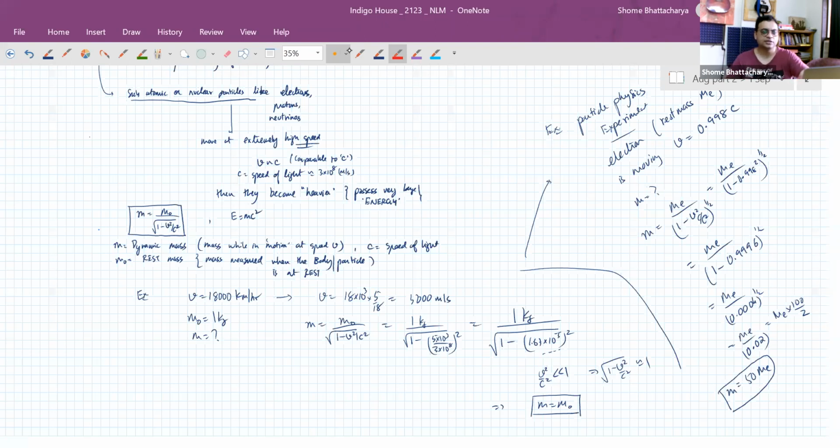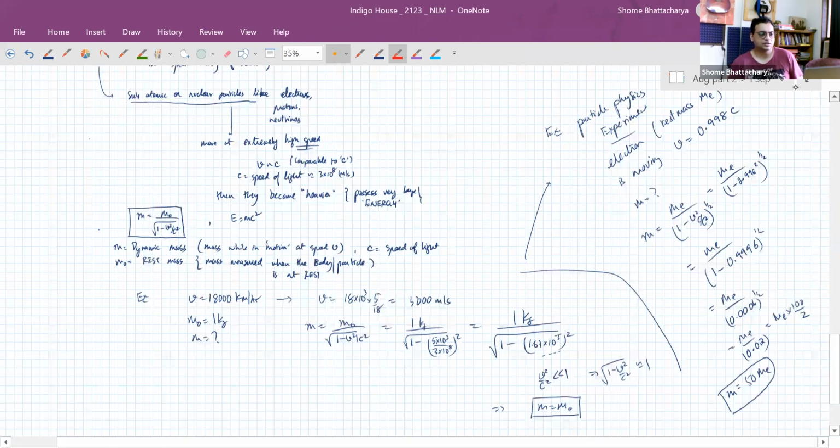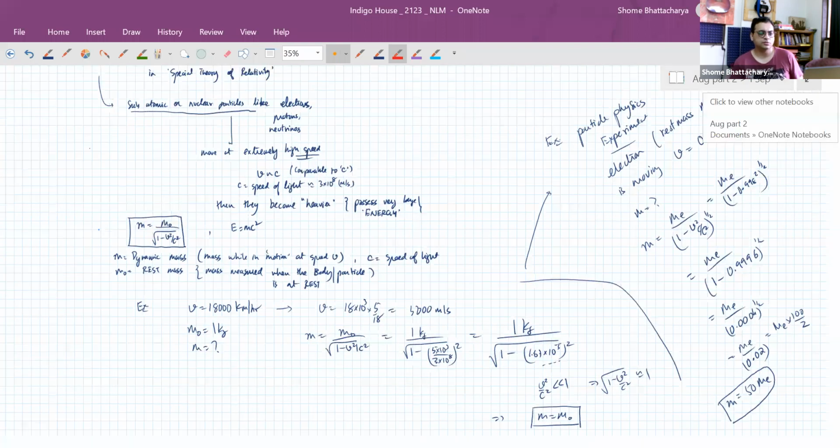Even though the special theory of relativity is not there in your 10+2 syllabus or JEE syllabus or NEET syllabus for that matter. Medical students, you will not be studying this mostly at all. But engineering students in your first semester, you will be studying about relativity. Okay, so this is just something moving aside from our regular topic, but something very interesting, and you might have heard of it before. So in case you're wondering about it, this is how it works.